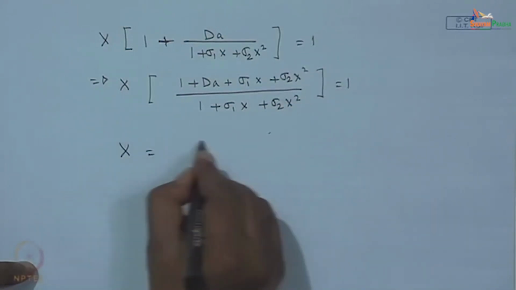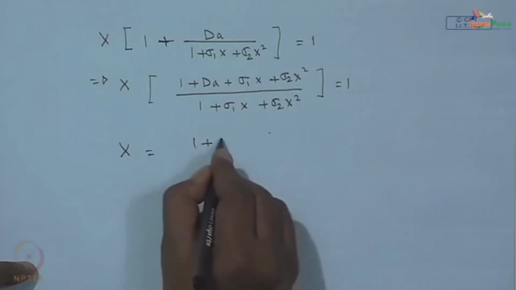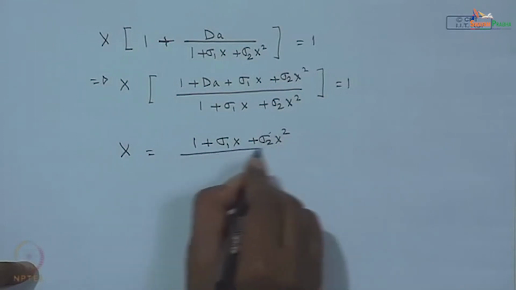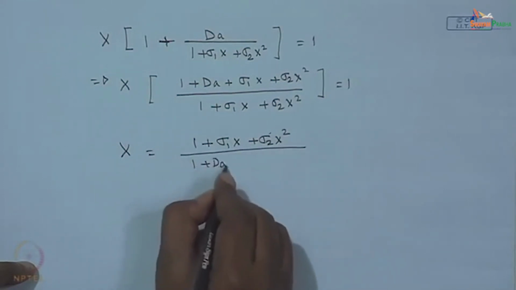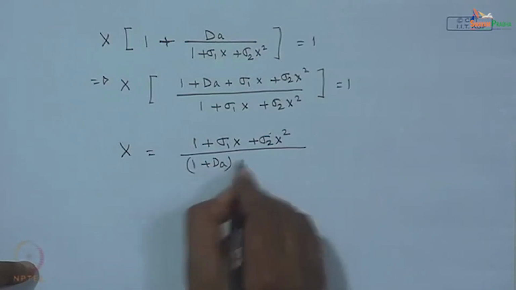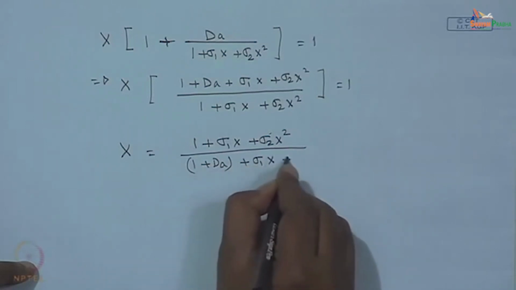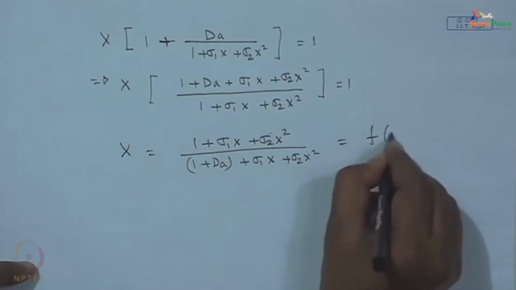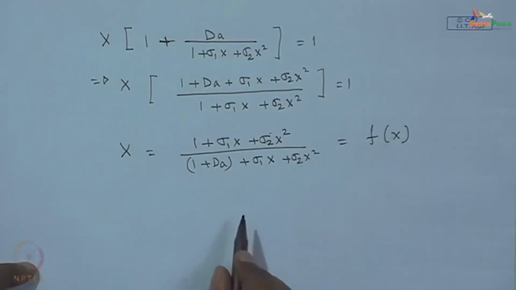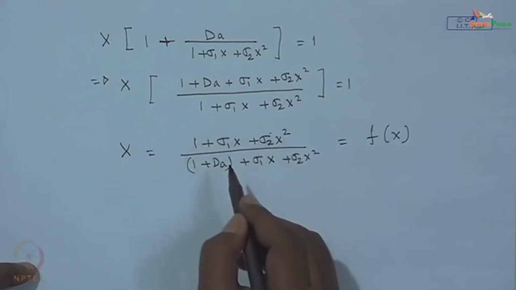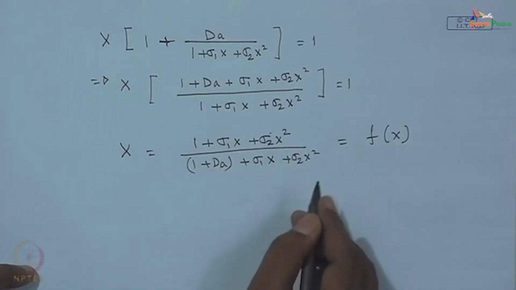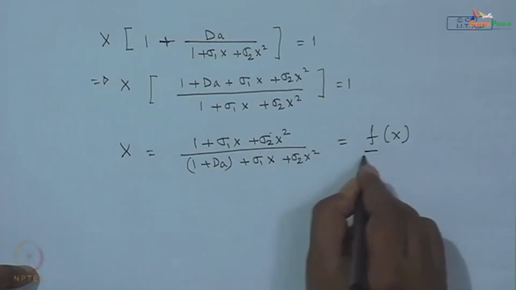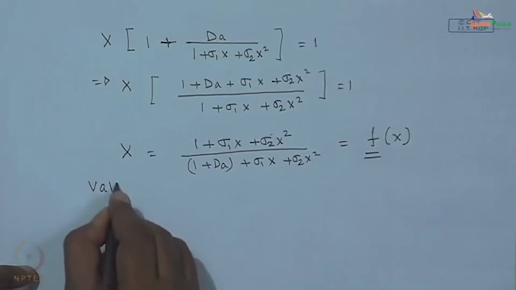So, x is equal to 1 plus sigma 1 x plus sigma 2 x square divided by 1 plus Da plus sigma 1 x plus sigma 2 x square. So, this is the form x is equal to f of x, where f of x is given by this expression. So, let us check the validity of map f.